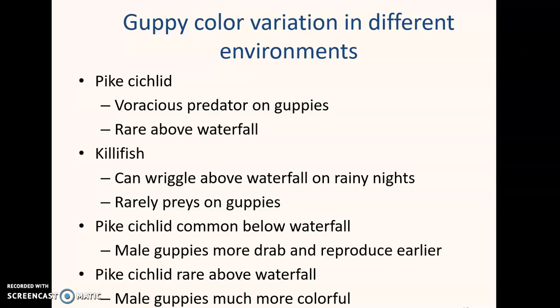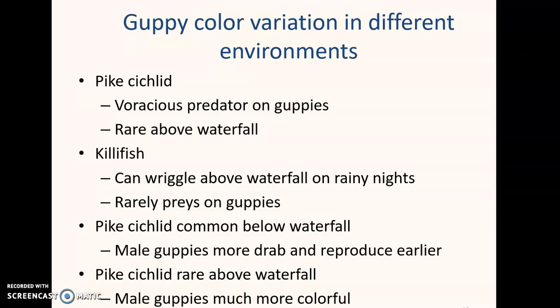So, because of this difference in what predator we find where, we see that male guppies below waterfalls are more drab, they are smaller as adults, and they reproduce earlier. And this is likely due to the increased predation we see by the pike cichlid. Colorful fish attract predators, and predation will kill those fish early. Energy is used towards reproduction, not size.